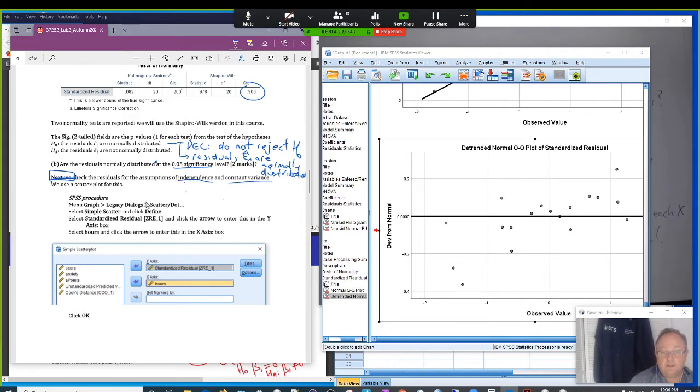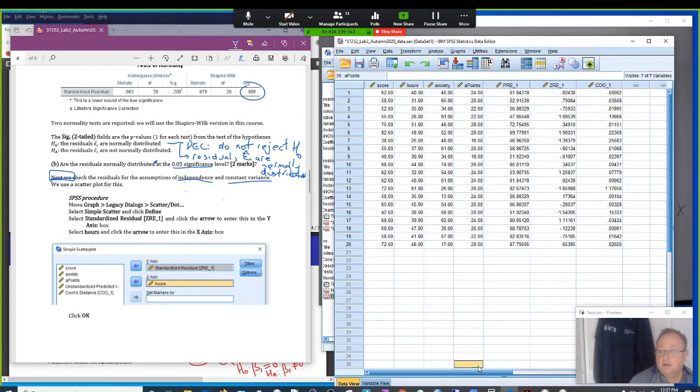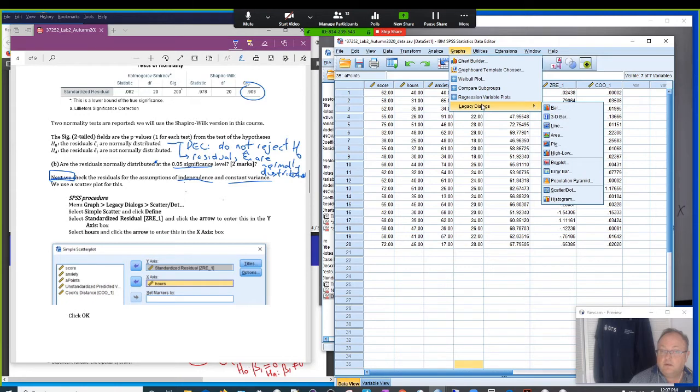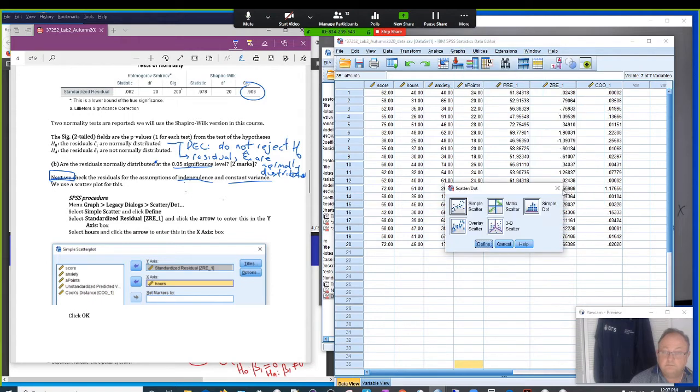So how do we do that? Alright, so we're going to go to menu graph, and our legacy dialogues, looking for our scatter plot, looking for our simple scatter, and define.